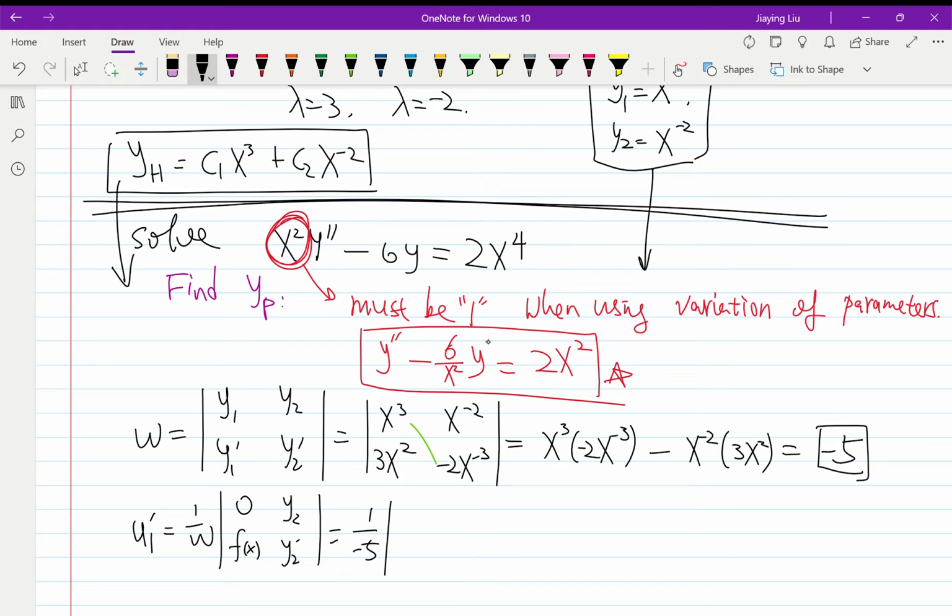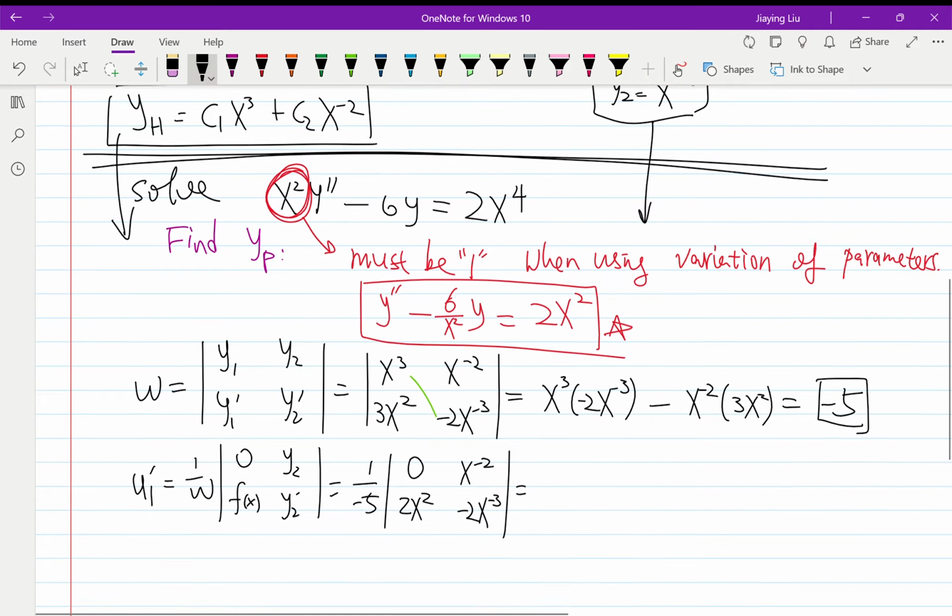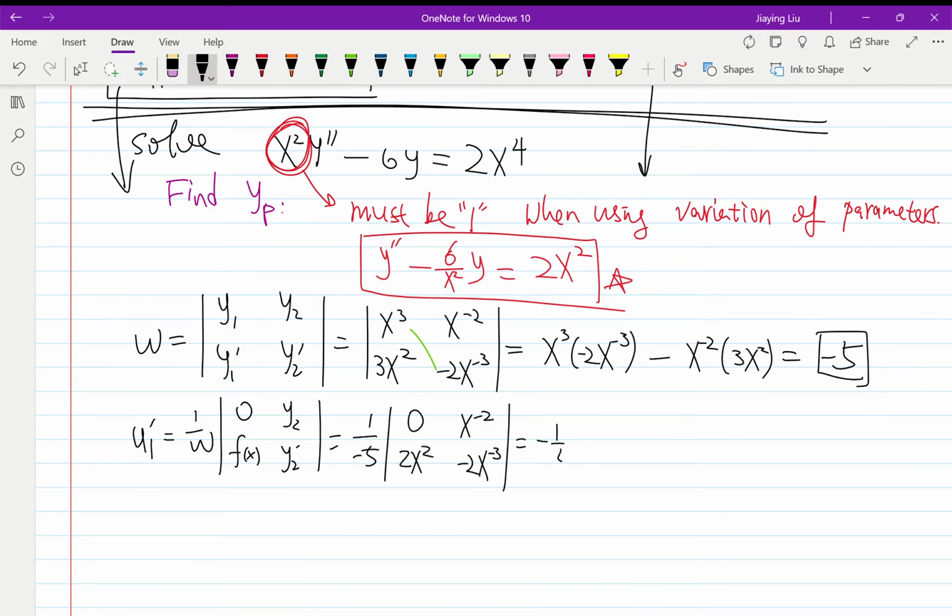The determinant of 0, f of x is 2x squared. This is the f of x here. And then x to the negative 2, negative 2x to the negative 3. And that's going to be negative 1 over 5 times 0 minus x to the negative 2 times 2x squared.